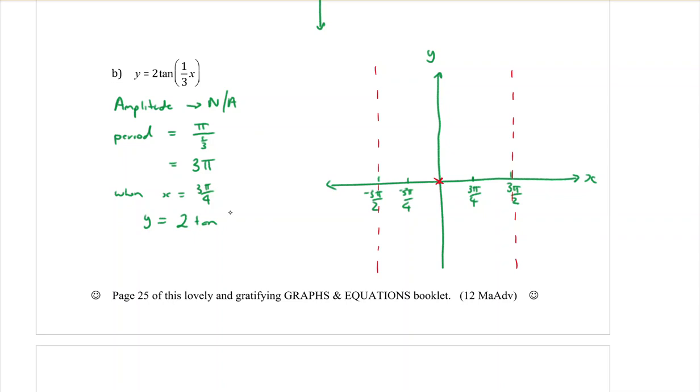What happens if I do that? I just get pi over 4 because the 3's cancel out. Do you need me to write that down, or is it okay to go pi over 4? It's okay? You got that? All right. Pi over 4.